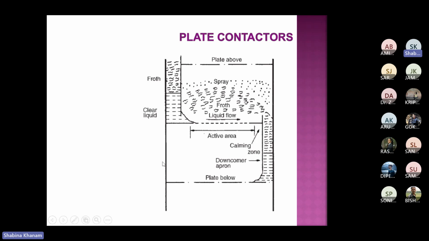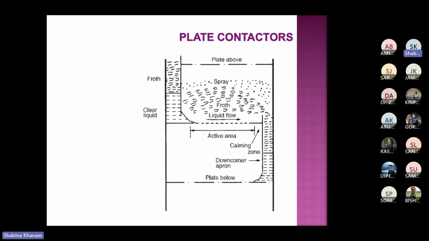Another point is why I'm emphasizing so much on this particular schematic: based on that you will be able to understand the further discussion. If I consider this vapor liquid flow again, weeping will occur when vapor flow is less and liquid flow is more.